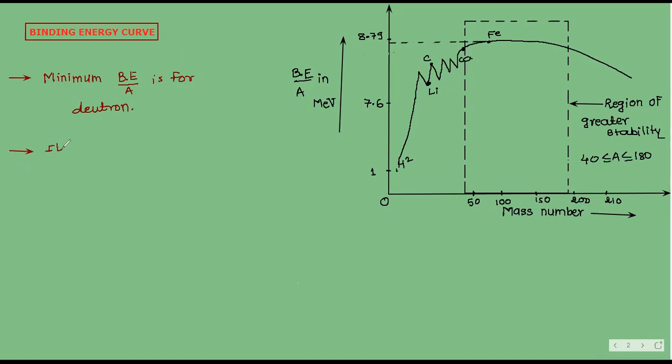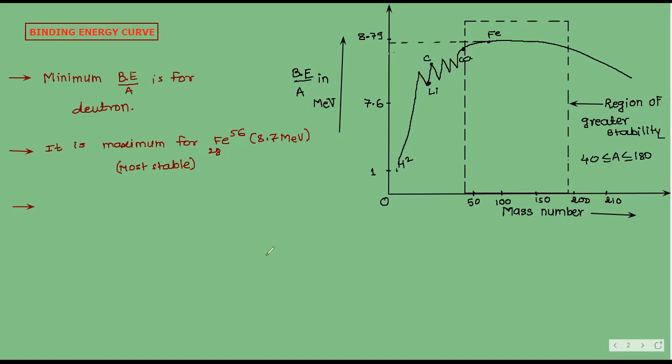It is maximum for ferrous, that is 8.7 mega electron volt, and this is most stable.